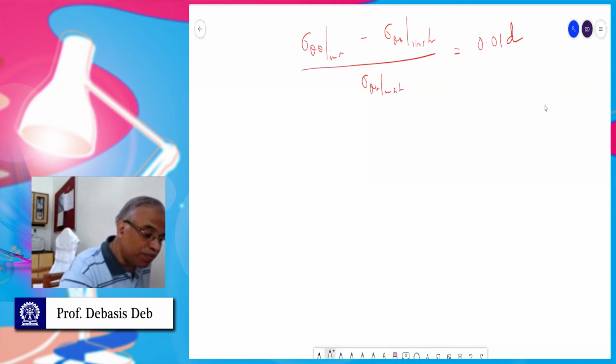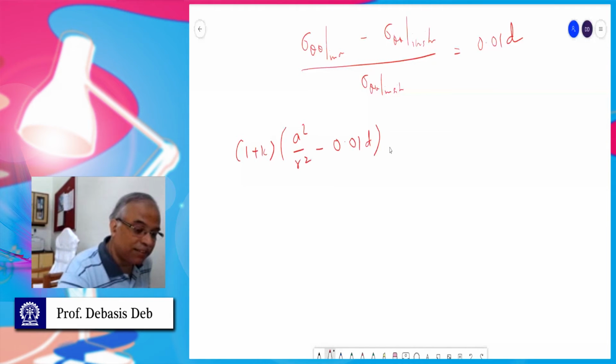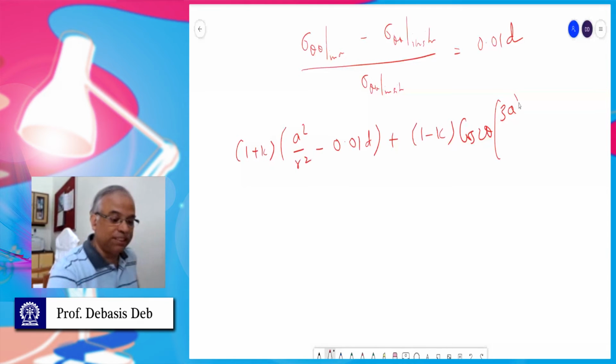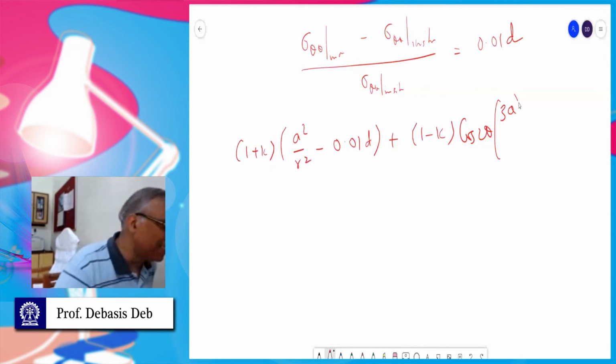So this comes 1 plus k a square by r square minus 0.01 d plus 1 minus k cos 2 theta 3 a to the power 4 by r to the power 4 minus 0.01 d equals to 0. This equation will become something like this.